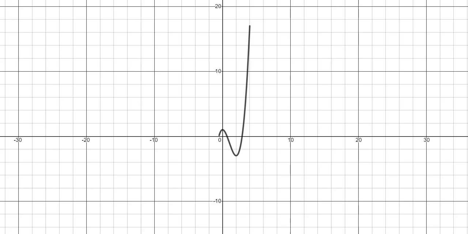Number 1. It's important that we understand that f is continuous on negative 1/2 to 4. Number 2 is we can find the critical numbers of f on the open interval minus 1/2 to 4.